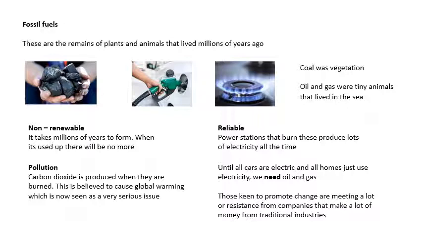Okay, our country was covered in forests for millions of years, and all of this dead vegetation built up, and it was buried and it was squashed and it became coal. Oil and gas were tiny animals that lived in the sea, okay, called plankton, and they die and they sink to the bottom of the ocean and then get covered up, and then in sedimentary rock you find oil and gas.